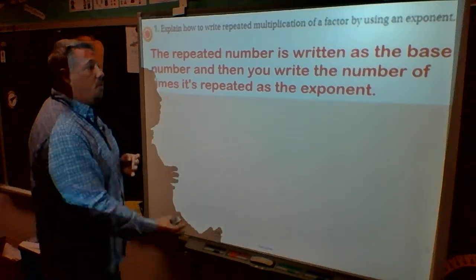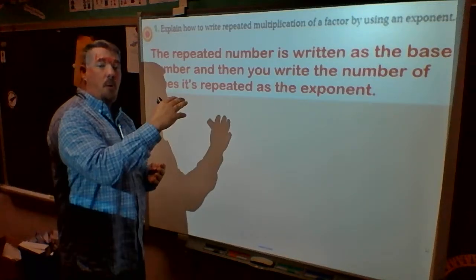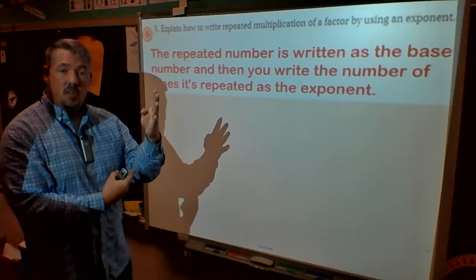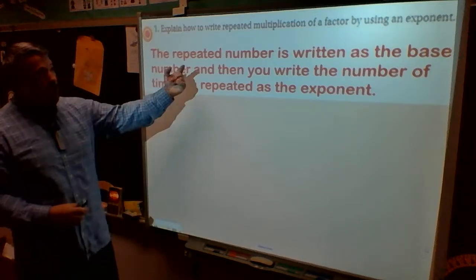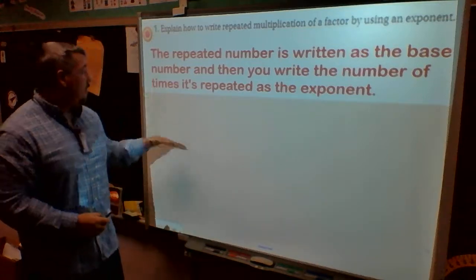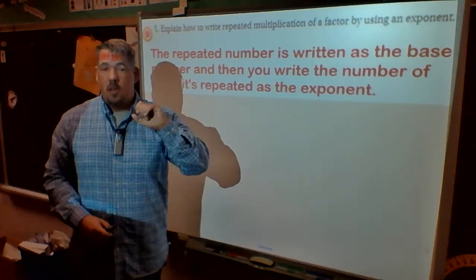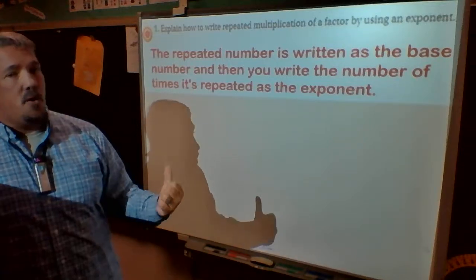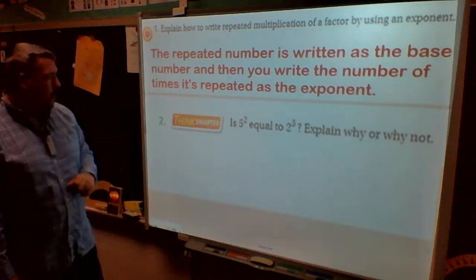So I wrote the base number, and then I wrote the exponent as the number of times that I used it. So it was 3 to the 4th power. So the repeated number is written as the base number, and then you write the number of times it's repeated as the exponent. So pause the video now. Make sure you have it written down. Then unpause it. We'll continue on to the practice problems.